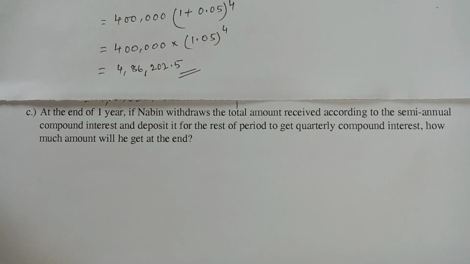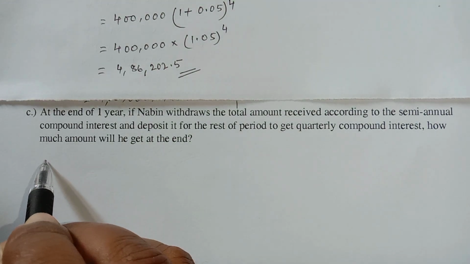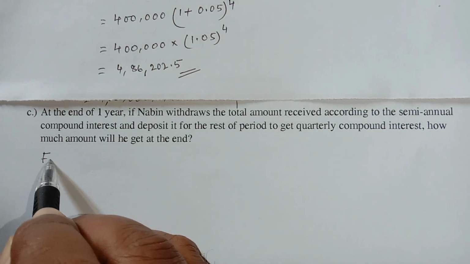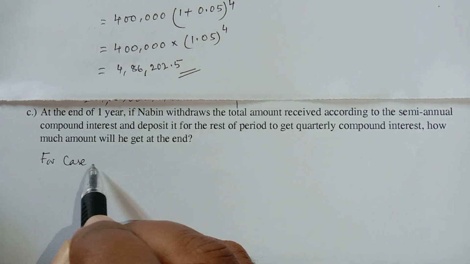So friends, here for the 2 years Navin invested his amount in the semi-annual compound interest for 1 year, and later he invested the amount in quarterly compound interest, and at the end of 2 years we have to find the total amount. Okay, so for the first case we are going to do case 1.